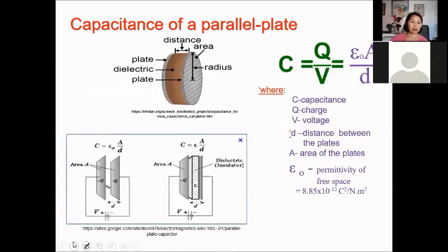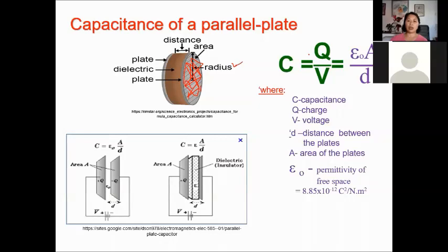Okay, so another formula for capacitance, using cylindrical, may mga cylindrical type of capacitor. So, kailangan yung area, no? Anong area ng plates? In this example, we have two circular plates, separated by dielectric material in distance D. So, area yan dito. Since circular, kailangan natin na radius.